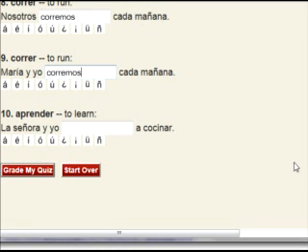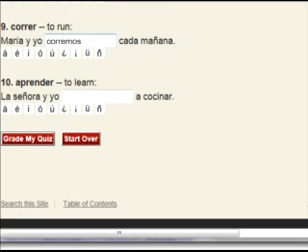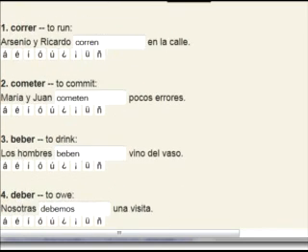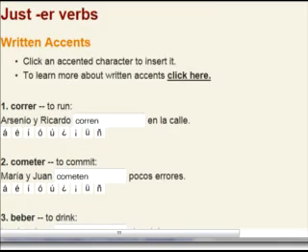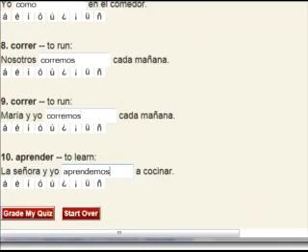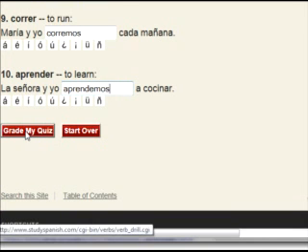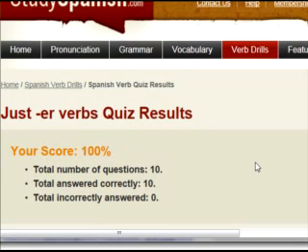Corremos cada mañana. La señora y yo aprendemos a cocinar. And I'm about to grade my quiz, but I just realized that this website will actually create Spanish quizzes. I didn't realize that before, so that might be a useful tool for you. And hopefully we got 100%, which we did.